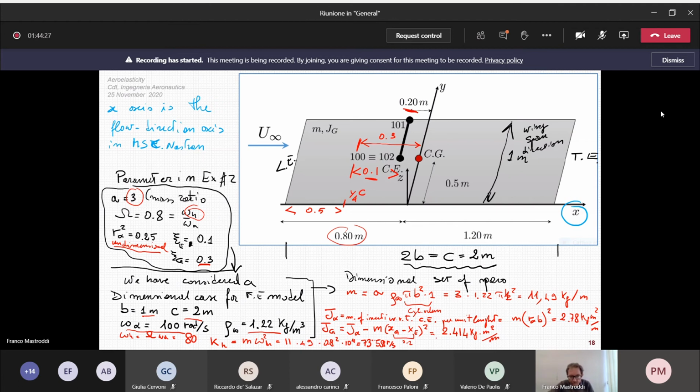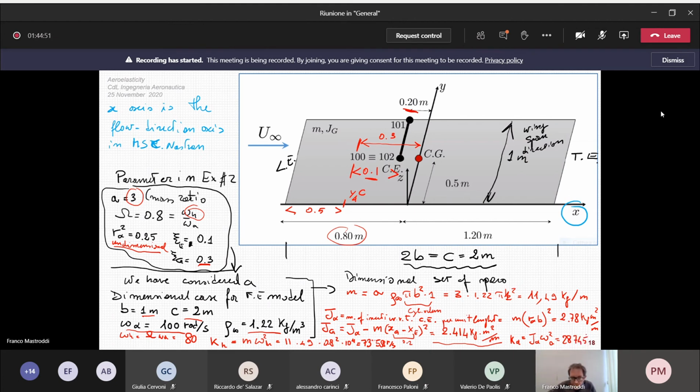The last parameter to be evaluated is K alpha, which is J alpha times omega alpha squared, and this is equal to 28,745.